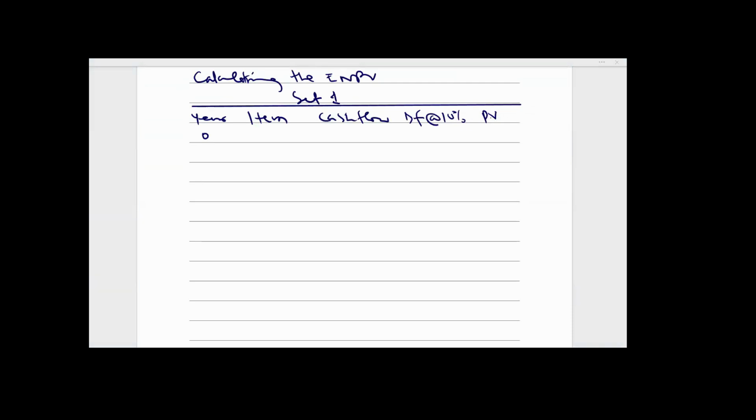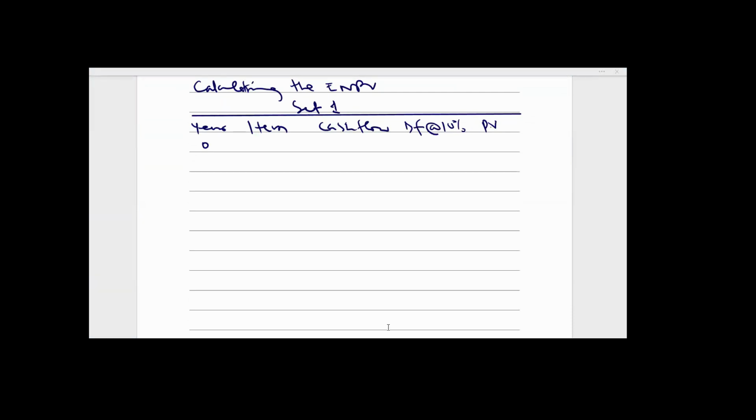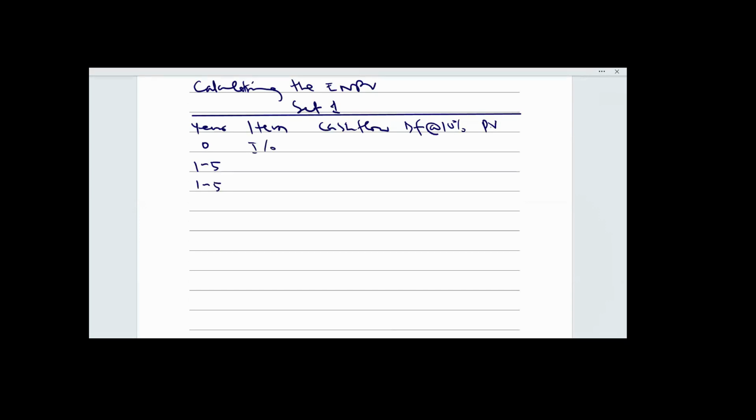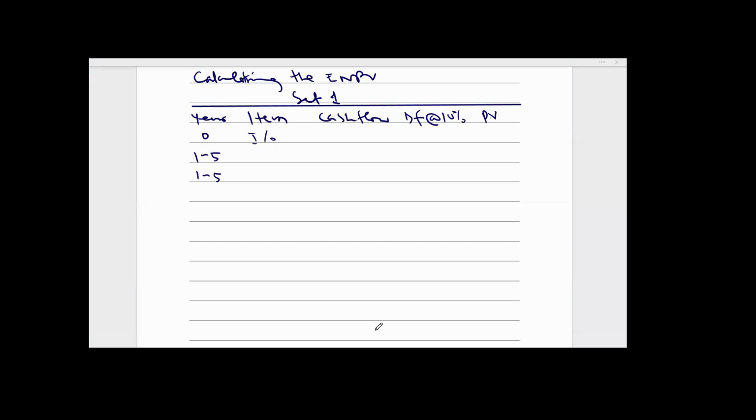So years 1 to 5. Of course, we have initial outlay. According to the question, initial outlay is how much? 800,000. So here is 800,000, cash outflow.